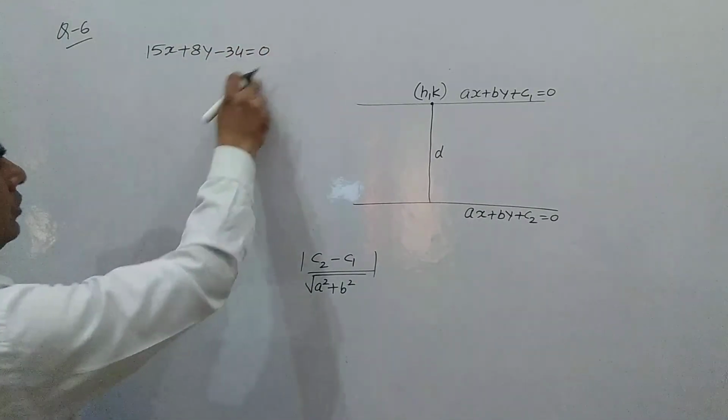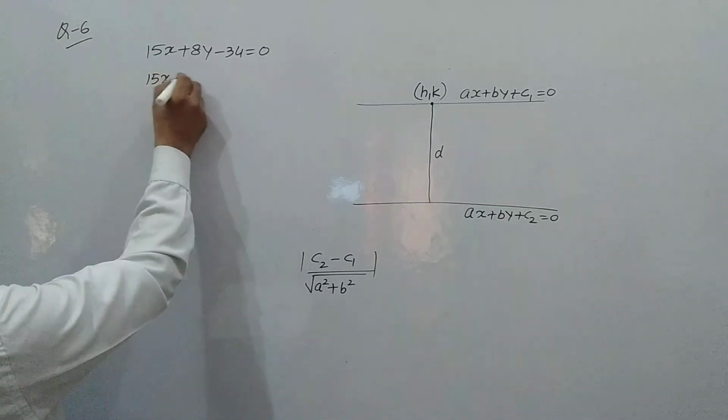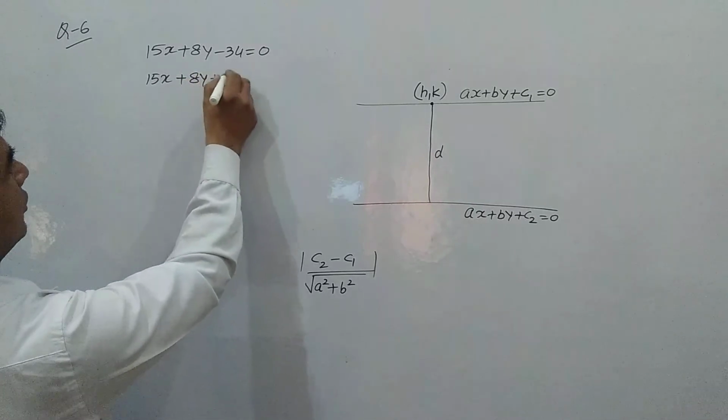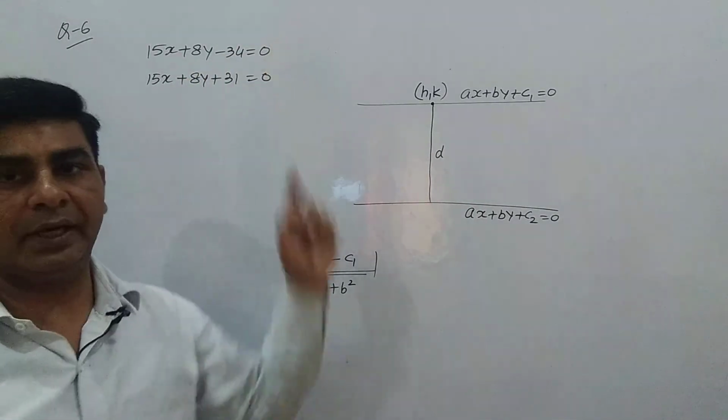This is the equation of the first line, and the equation of the second line is 15x plus 8y plus 31 is equal to 0. These are the two equations of lines.